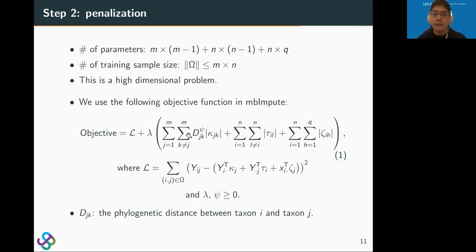However, it may not necessarily be picked out because I still have the tau and zeta that learn the relationship across different samples. So you can imagine if the model automatically has a very high tau I, then the kappa JK will automatically shrink to 0 if it found that including the taxa relationship did not really improve our model. So yeah, does that answer your question?